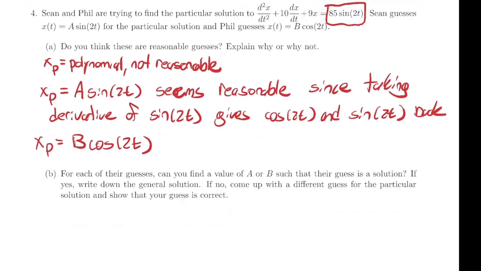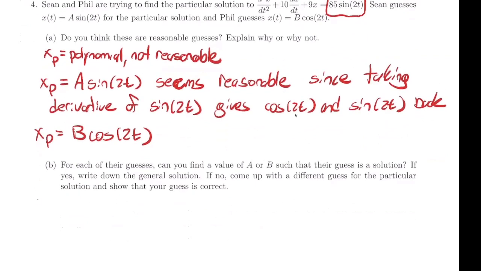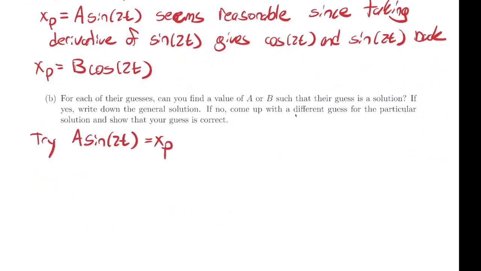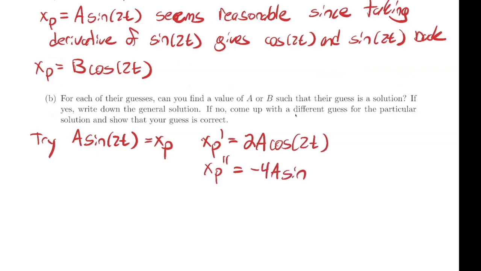And here, if we try a sine of 2t guess as our guess for the particular solution, then we can calculate the derivative using the chain rule. We get 2a cosine of 2t, and then the second derivative would give me minus 4a sine of 2t.